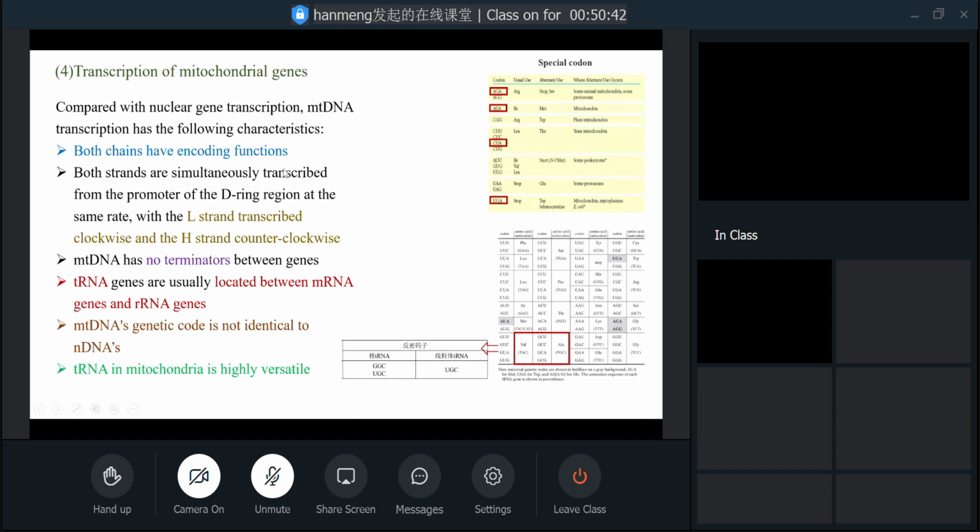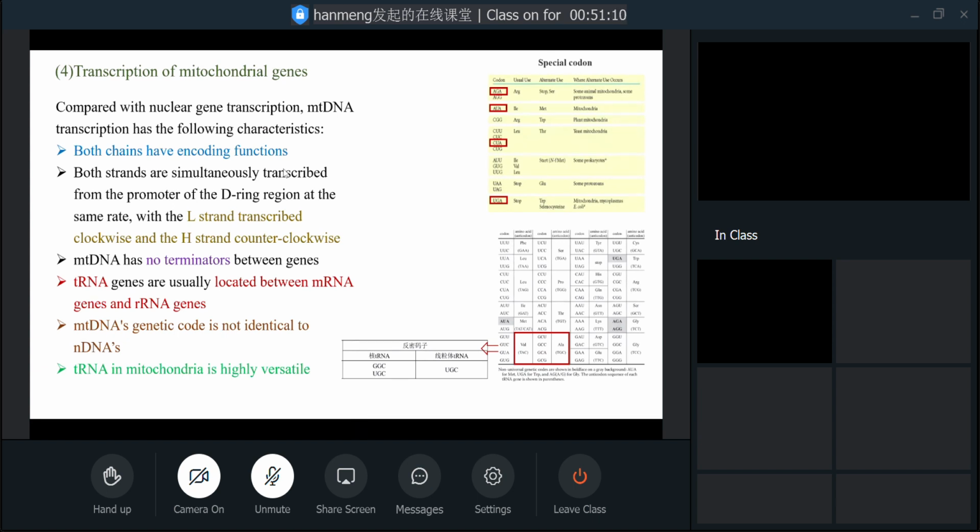Because the nuclear gene only has one strand that can be the template chain to synthesize messenger RNA, but both chains of the mitochondrial DNA can work as a template to synthesize RNA.